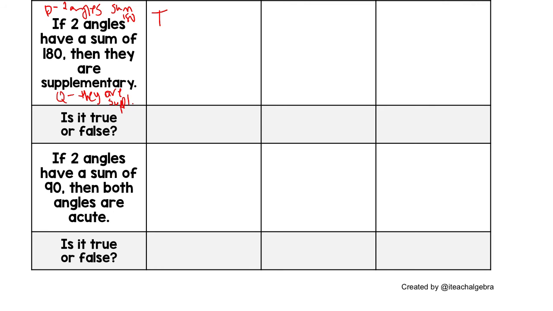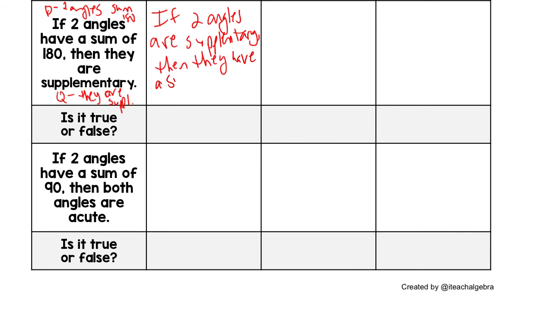Converse, if two angles are supplementary, then they have a sum of 180. Definitely true. Supplementary angles always have a sum of 180.